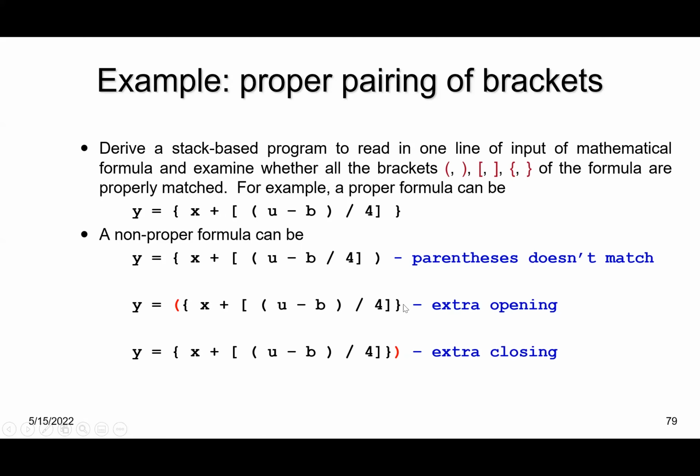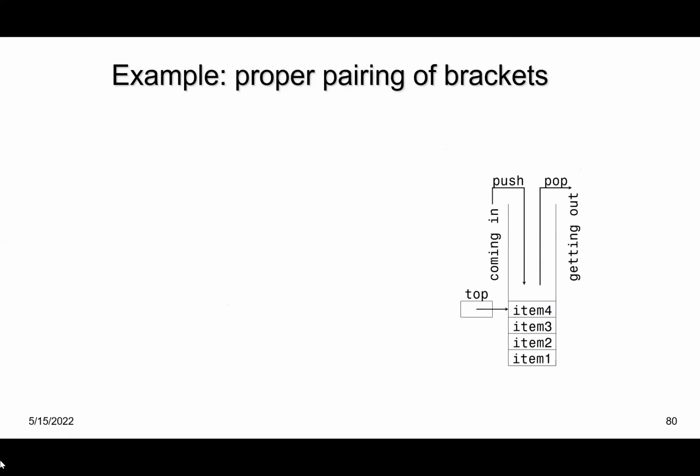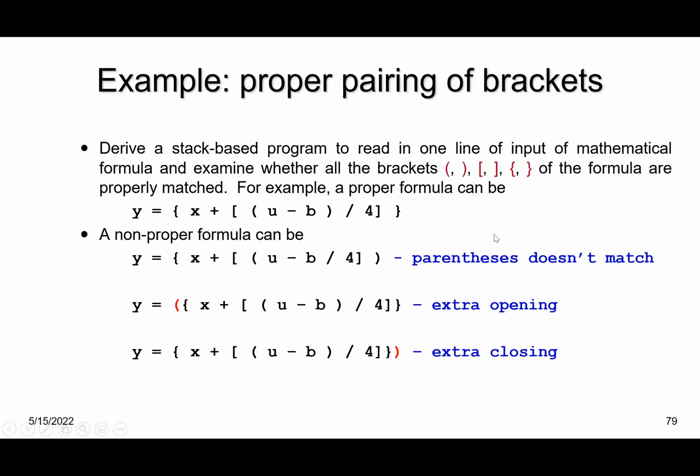Besides extra opening, you can also have extra closing, right? You can also have this kind of case with extra closing. So this one also consider not proper formula. So we will write a program that will help us to actually check the proper pairing. Let's see how can we use that to help us to check for the proper pairing of the brackets.